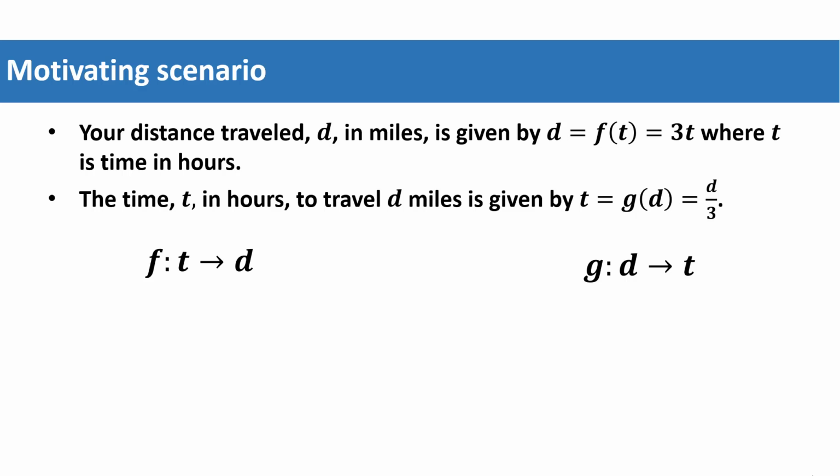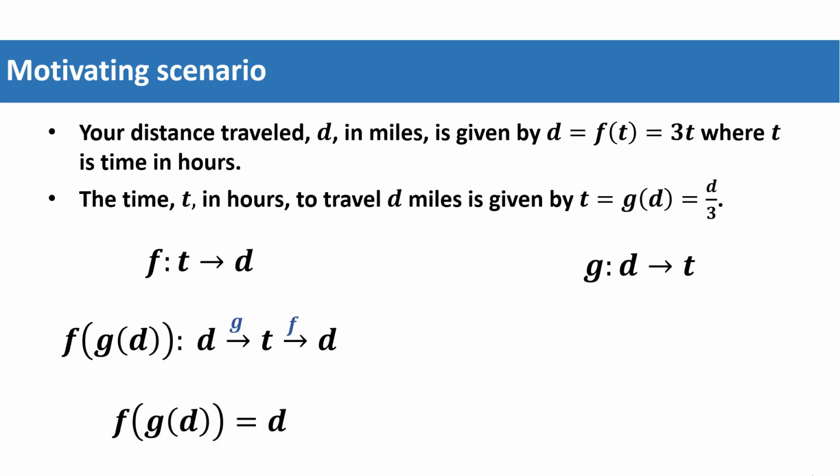If we compose f of g of d, we start with the input of function g, which is distance. And when we apply function g, the resulting output is a time. And then when we apply the function f to the resulting time, we arrive back at the distance we started with. Thus, we can conclude that the composition of f of g of d equals d.